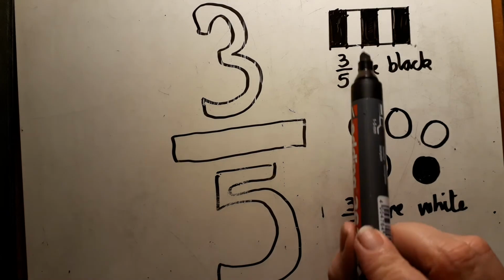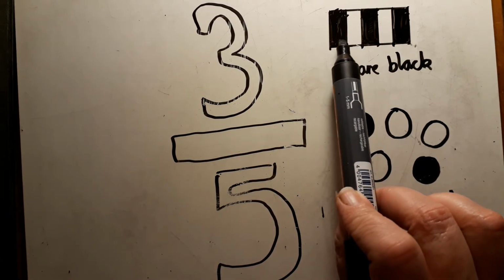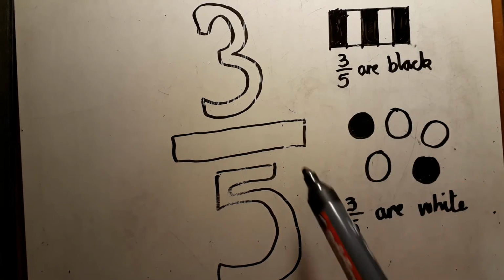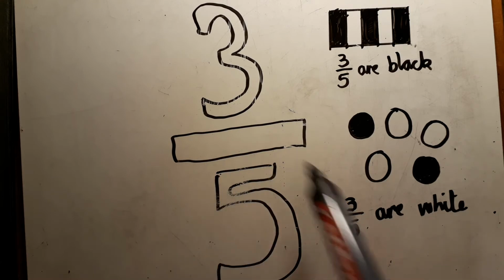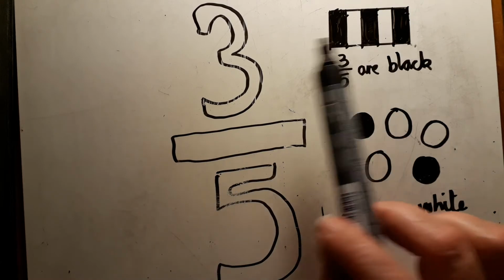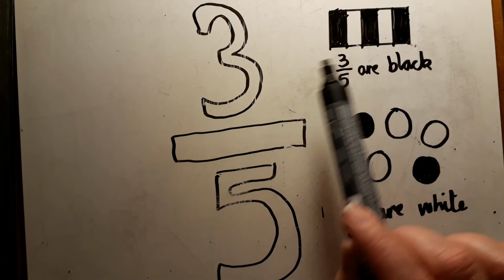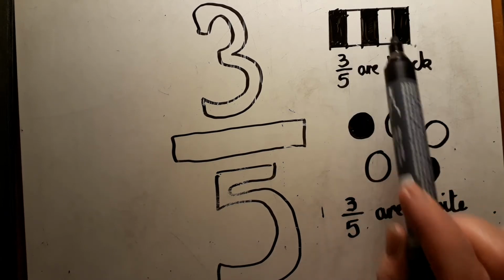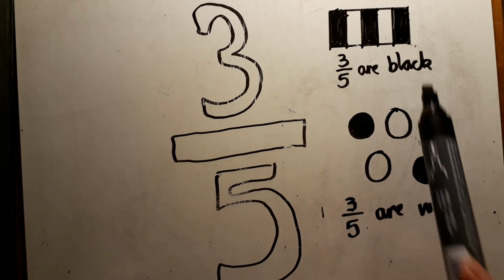So if we look at our first model, it has been divided into 1, 2, 3, 4, 5 equal parts. So that's our denominator. And we've got 1, 2, 3 of those parts. 3 of the 5 have been coloured in black.